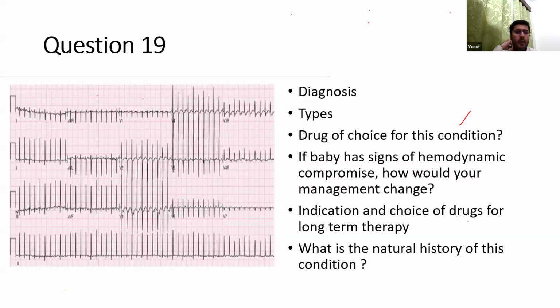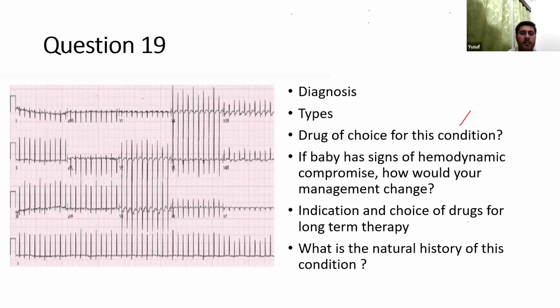Okay. What are the other drugs? For example, this baby is having PSVT, has not responded to adenosine, but is still hemodynamically stable. You want to try more drugs. Okay, amiodarone. Other drugs? Any beta blocker agent? Esmolol, correct. Okay. So what is the natural history of this condition?